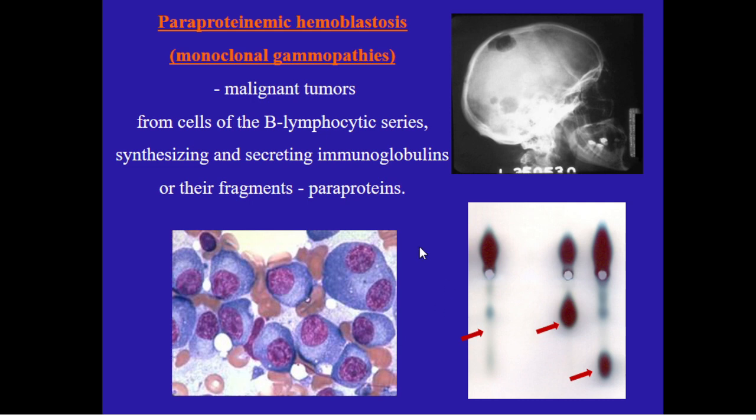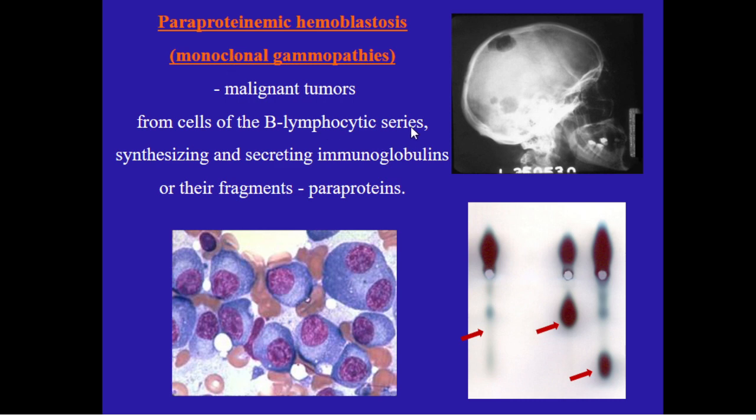If a tumor appears from a B cell that is already differentiated to the secretion of immunoglobulins, the daughter cells will be absolutely the same as the mother cell. And this clone of cells will produce a great quantity of one type of immunoglobulin, with one primary structure, one charge, so one mobility in electrophoresis.